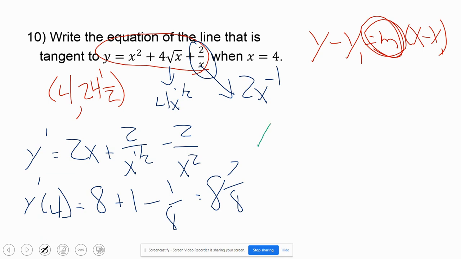So my equation is y minus 24 1/2 is equal to 8 7/8 times x minus 4.